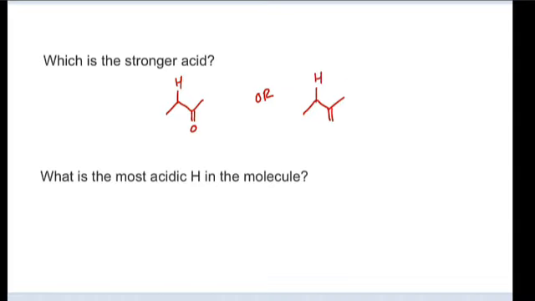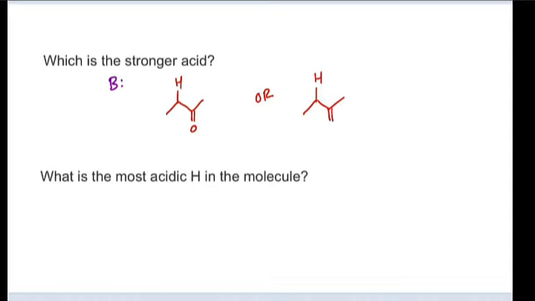And we're comparing the acidity of these two based on the ability to lose the proton indicated. So it's going to be important to be able to push the electrons around to arrive at the product of this acid-base reaction. The strategy is going to be very similar to what we did in the previous problem.